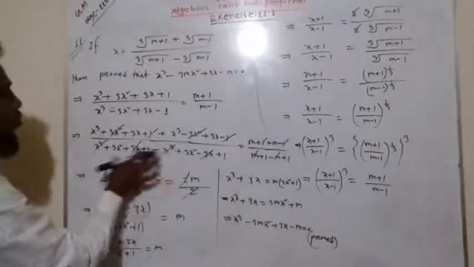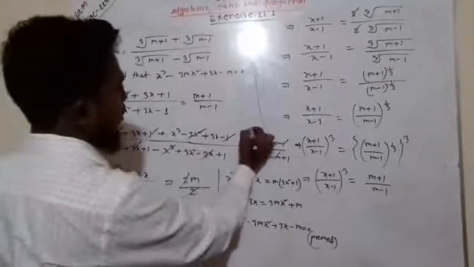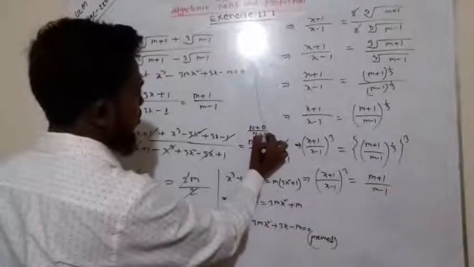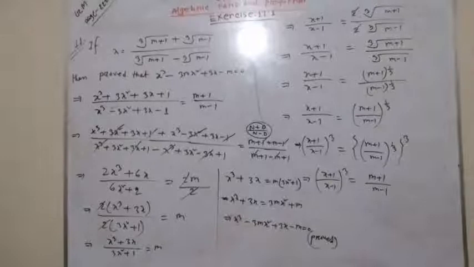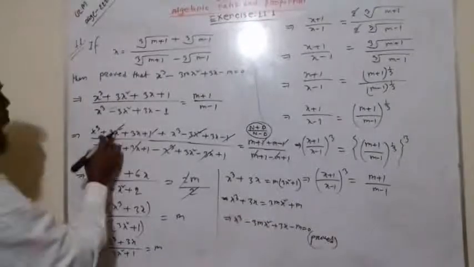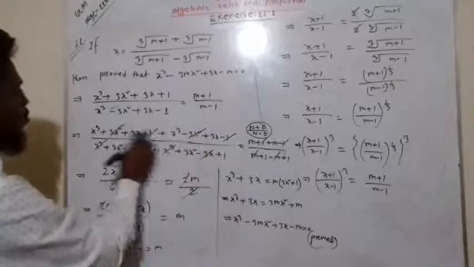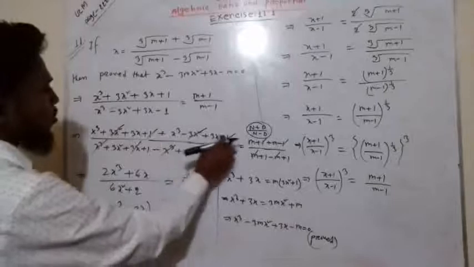Apply this numerator and denominator componendo dividendo, the numerator plus denominator divided by numerator minus denominator. Here the same term 3x square and opposite sign, so this is cancelled, and minus 1 and plus 1 is cancelled.